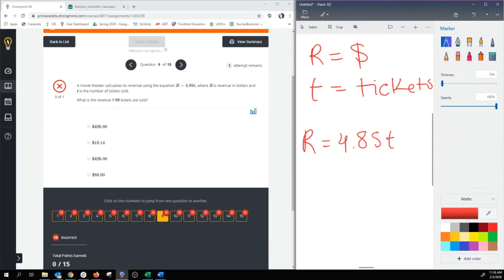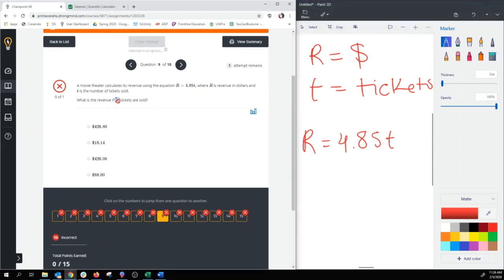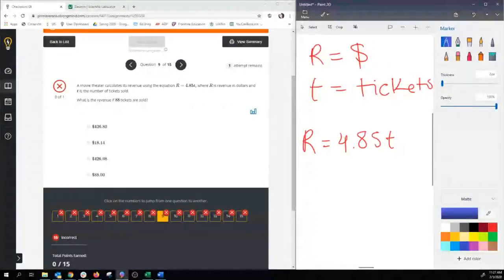So we're talking about 88 tickets, right? So do I want to put 88 in for T or R? We're talking about 88 tickets. Do I substitute that for R or T? T, right? Because T is the number of tickets.